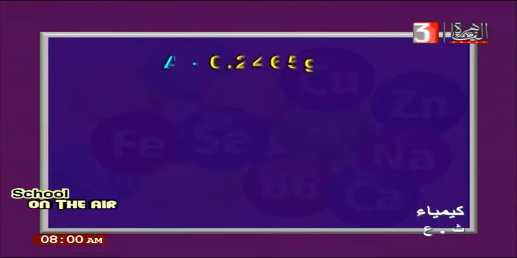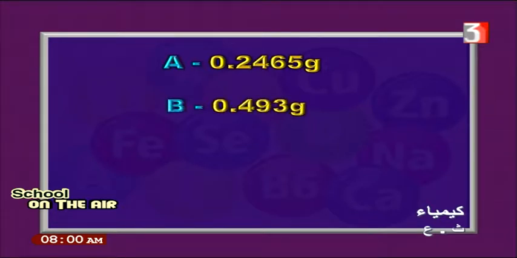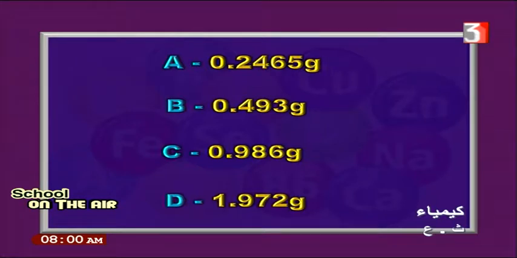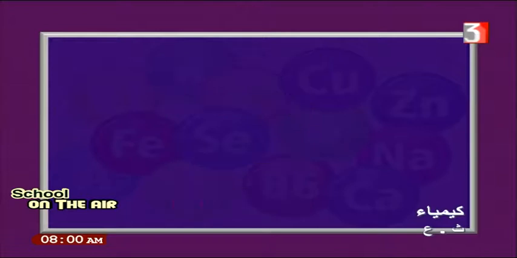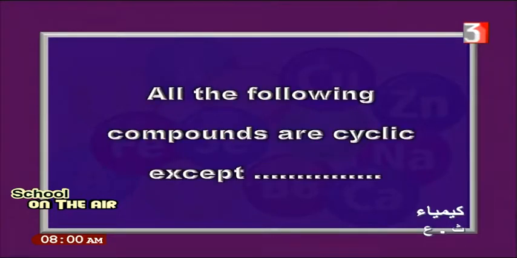This question is multiple choice: 0.245 gram, or 0.493 grams, or 0.986 grams, or 1.972 grams. To solve it, I need the mass, and I can't find it without the number of moles. I say the answer here is 0.493 grams. How can I know that? I can know by finding the number of moles.